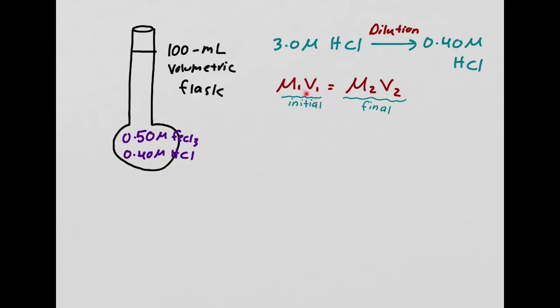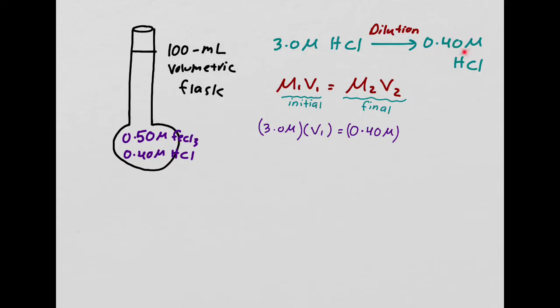This is my initial, this is my final, and this is dilution because the concentration is changing. What is my M1? My M1 would be 3.0 molar hydrochloric acid. That's what I have. I don't know how much of it I need to take. My M2, my final concentration that I want, is 0.4 molar.